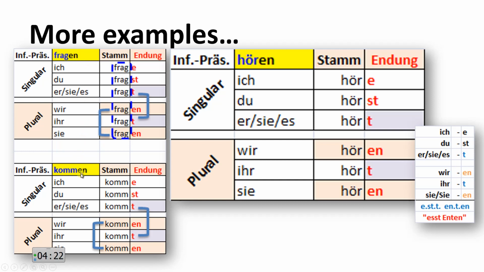Another word is kommen. Ich komme, du kommst, er, sie, es kommt, wir kommen, ihr kommt, sie kommen. As you can see, it's always the same. Hören, to hear, ich höre, du hörst, er hört, wir hören, ihr hört, sie hören. And again, the quick overview about the matrix.